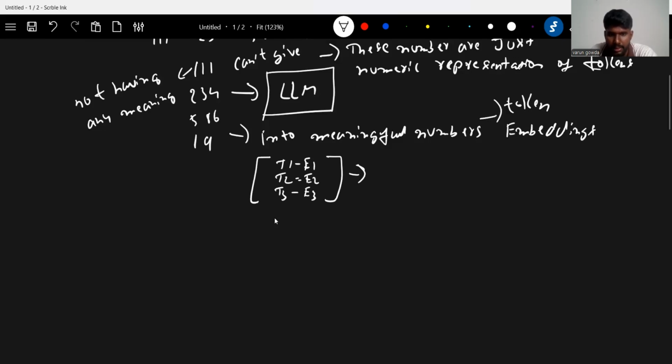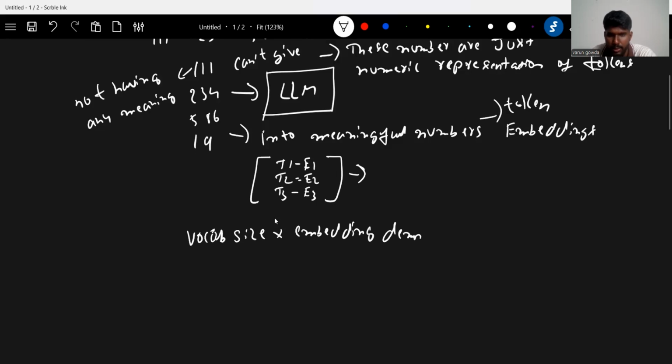The size of this matrix will be our vocab size times the embedding dimension.